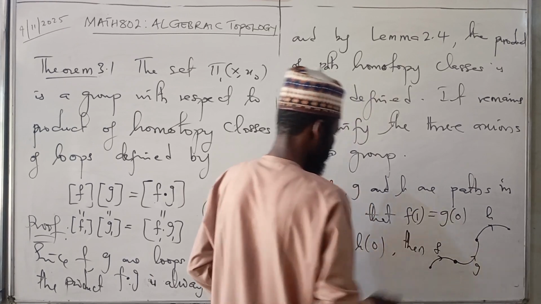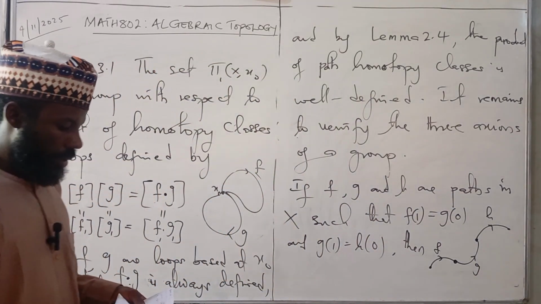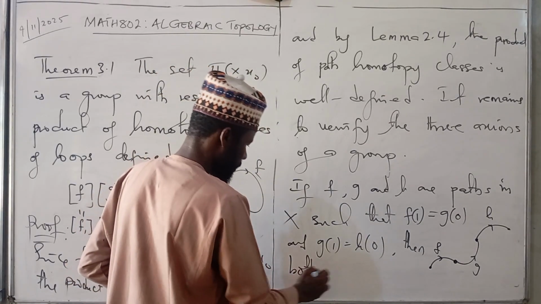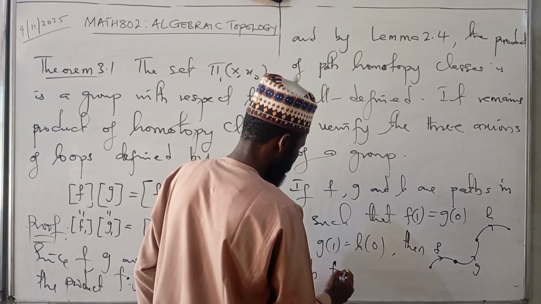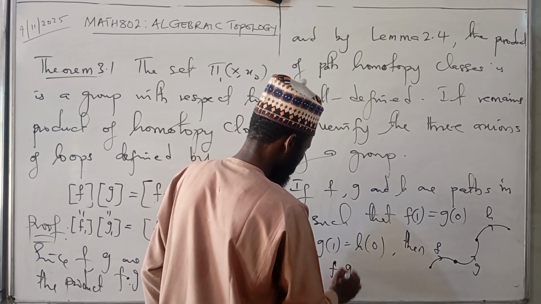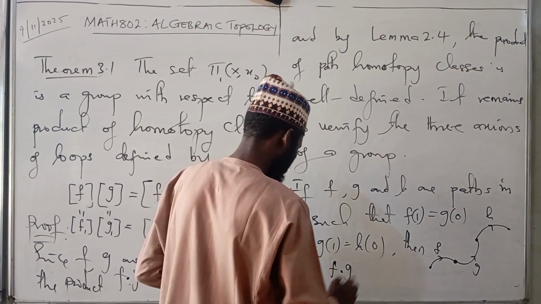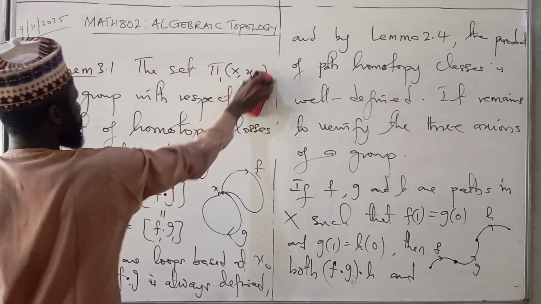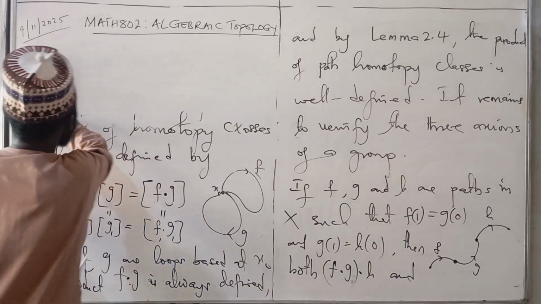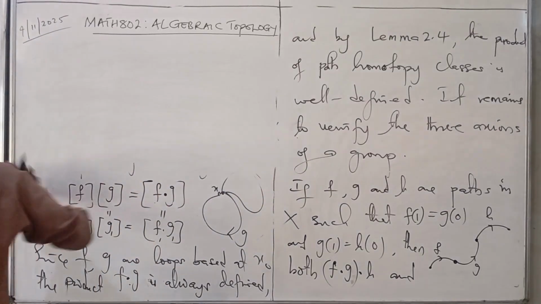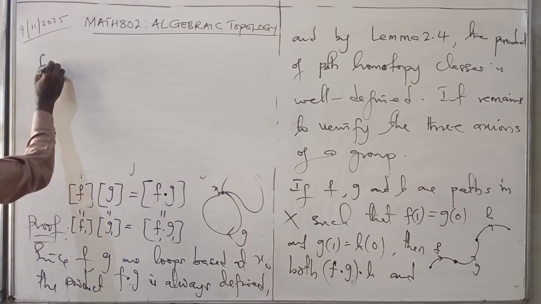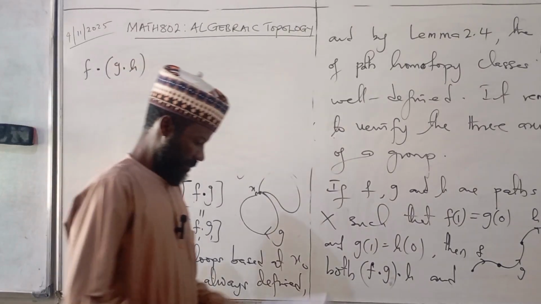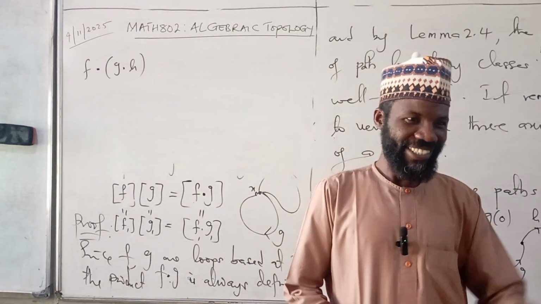Then both F composite G, this is defined, composite H, and the other one. But is it right to be saying composite? Concatenation. This is a concatenation.